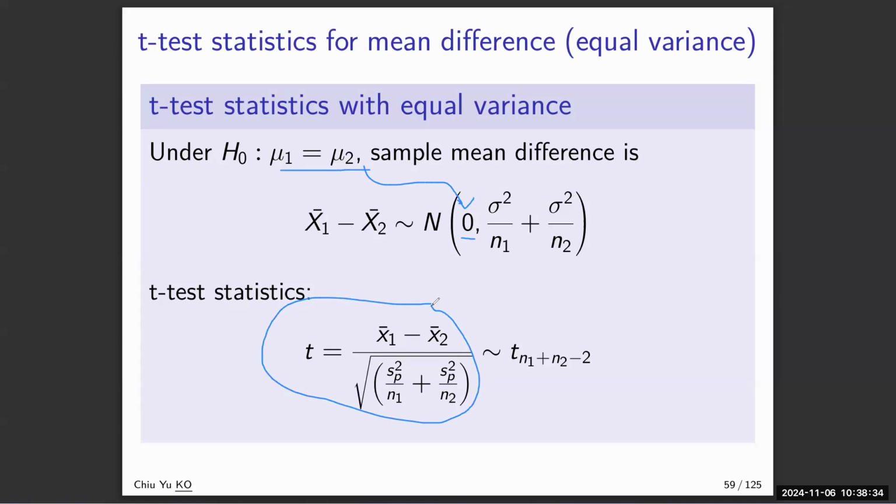There's no difference from the one-sample case. Remember, from one sample, under the null, T equals X bar minus 0 over the square root of sigma squared over n, but now we don't have sigma squared, so we use S. So this will be t with n minus 1 degrees of freedom. So the only difference is this n minus 2.